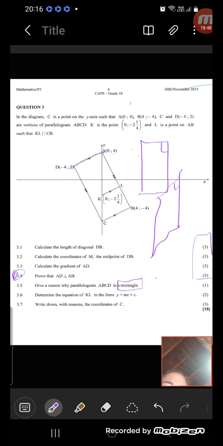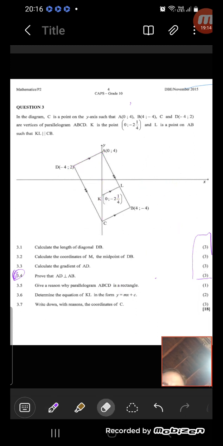And I know that this is a rectangle because it's got a 90 degree angle. Perpendicular is 90 degrees, and you can say therefore it's a rectangle. Remember, a square is a type of parallelogram. Well, just say it's 90 degrees. So that's the answer.